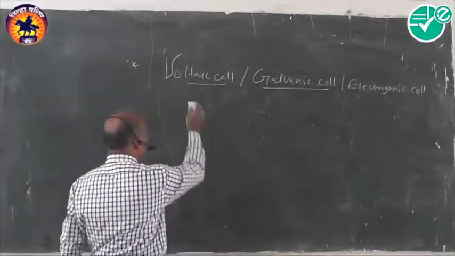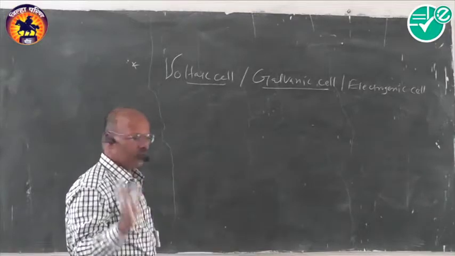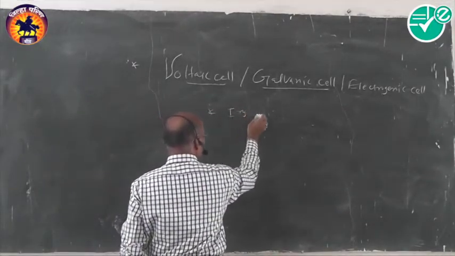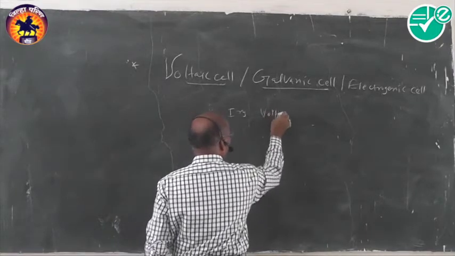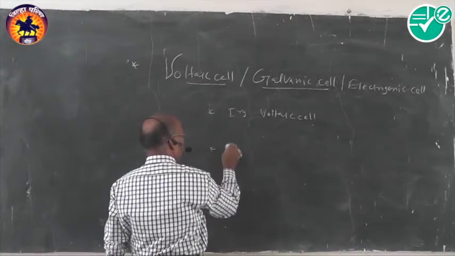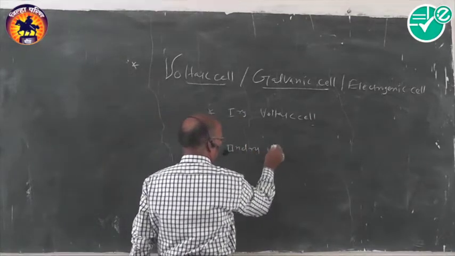Now under this head, we have to explain some terms. First, what is the meaning of the primary voltaic cell, in very simple terms? Second is the secondary voltaic cell.